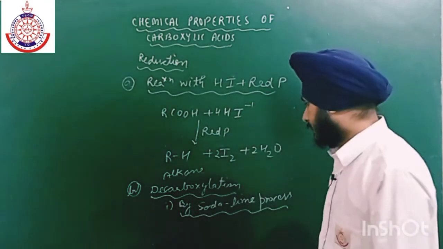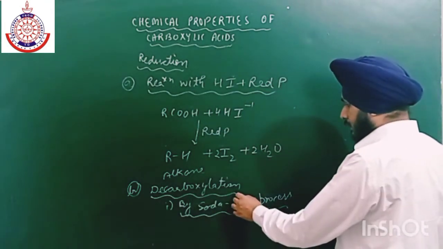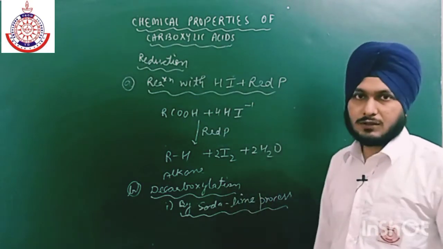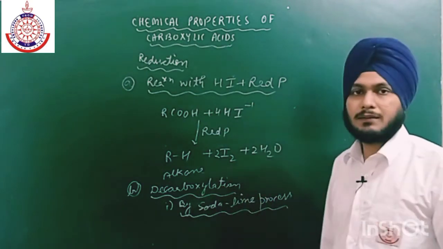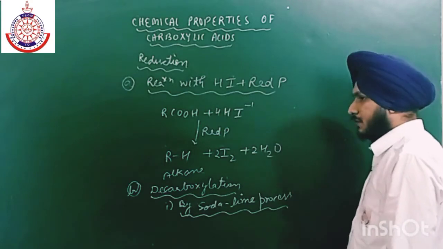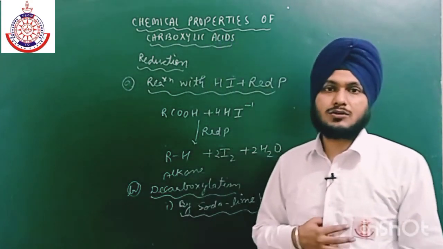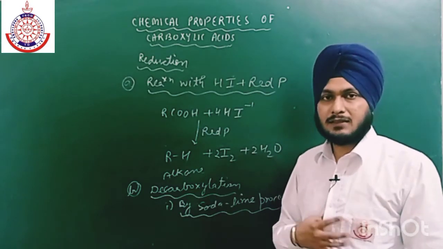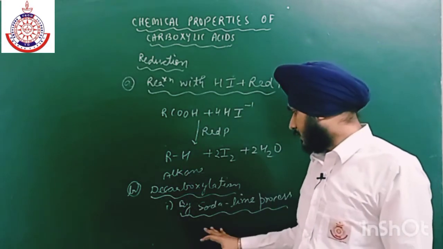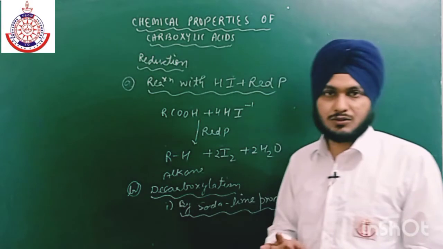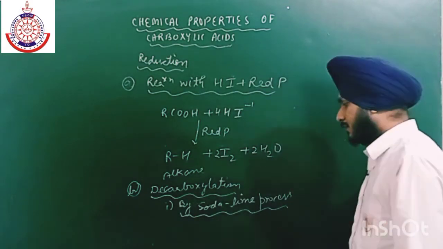In order to remove the hardness of water, we use this process. There is some hardness due to the presence of calcium and magnesium ions, so we add this soda lime, that is a mixture of sodium hydroxide and calcium oxide.